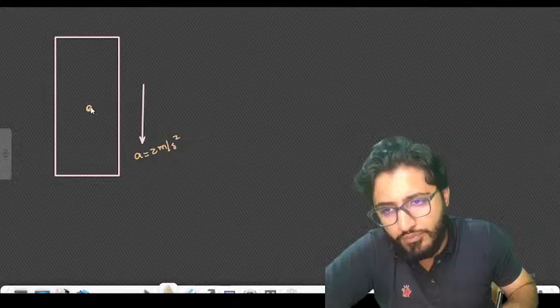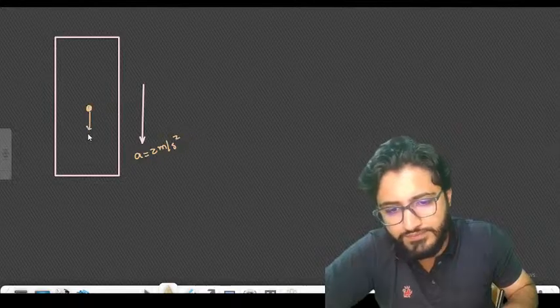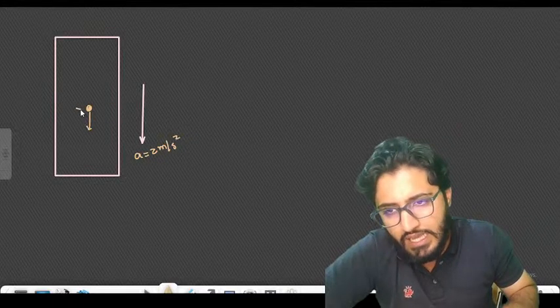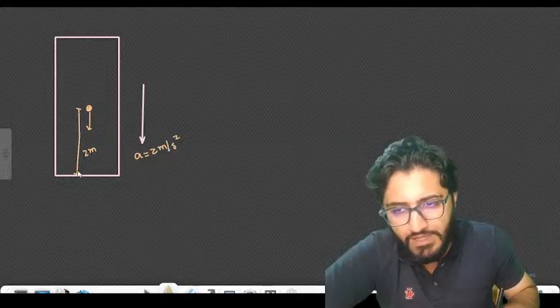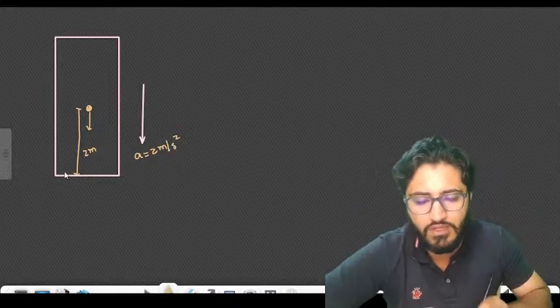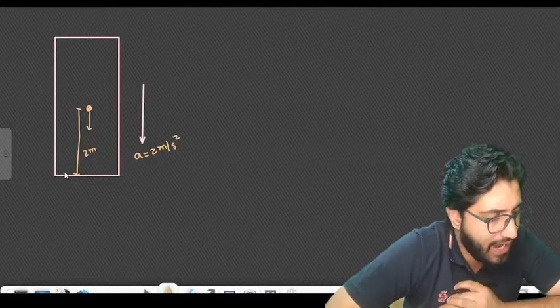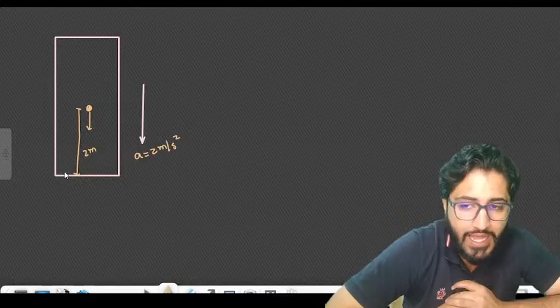A ball is dropped. This is my ball. It gets dropped. The height of the ball from the floor is 2 meters. We need to find the time after which the ball will collide with the floor.